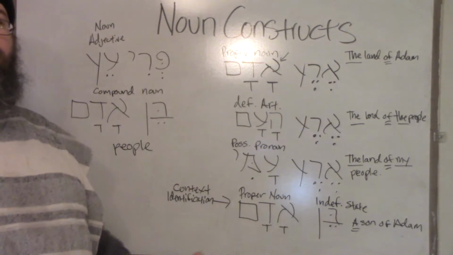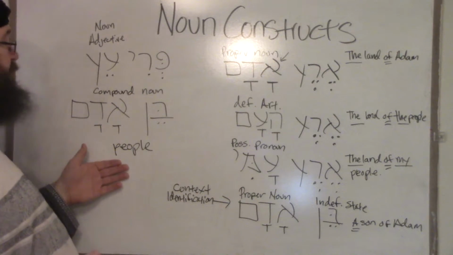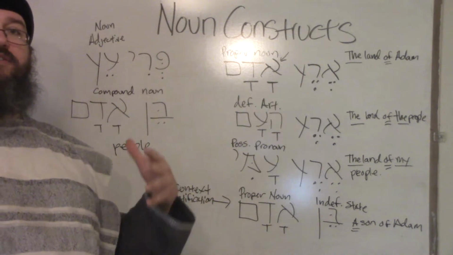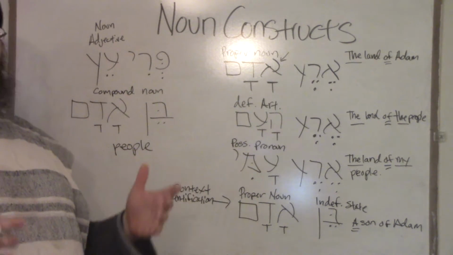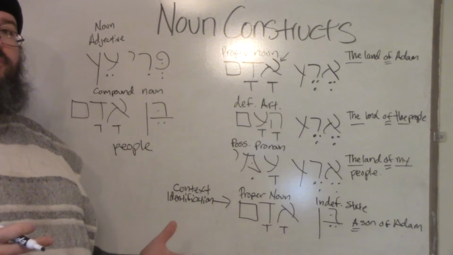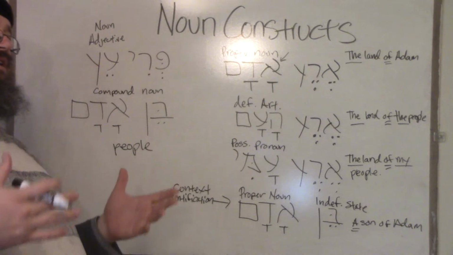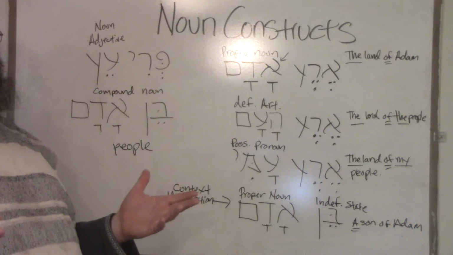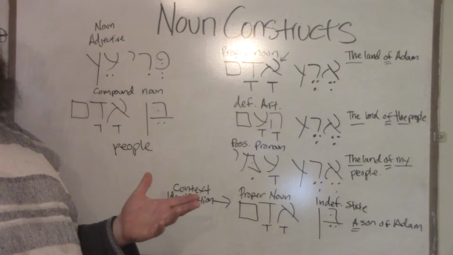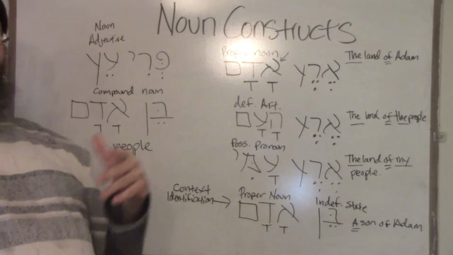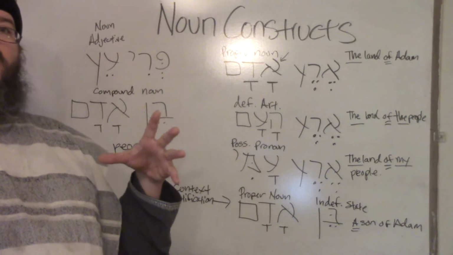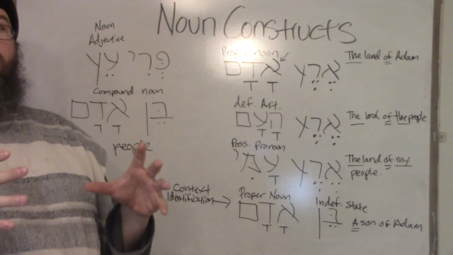It's everybody in the world, and so therefore this is able to be translated as what we call a compound noun, as people. It's just like when we have something like an apple tree, where you're taking the two nouns together and you're creating one formality, okay?